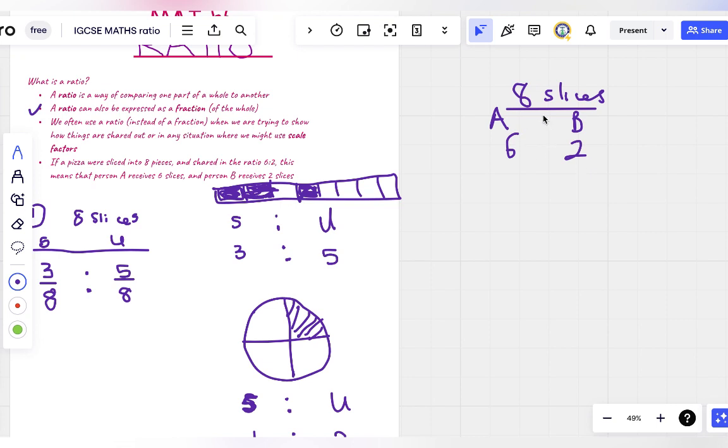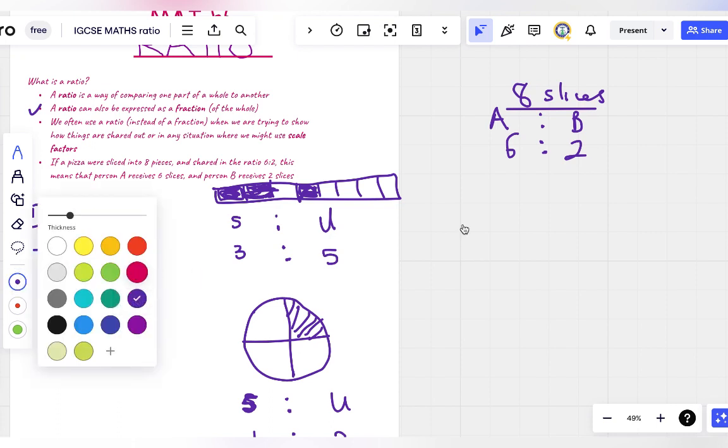Putting it in the form of a ratio of Percy A to Percy B, because the question says the pizzas were shared in the ratio of 6 to 2, this means that Percy A received 6 slices and Percy B received only 2 slices of the pizza. But ratios are always reduced to the simplest form. So to reduce this ratio to the simplest form, I divide both sides by 2.